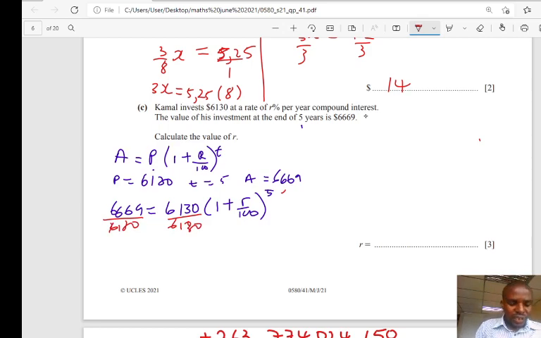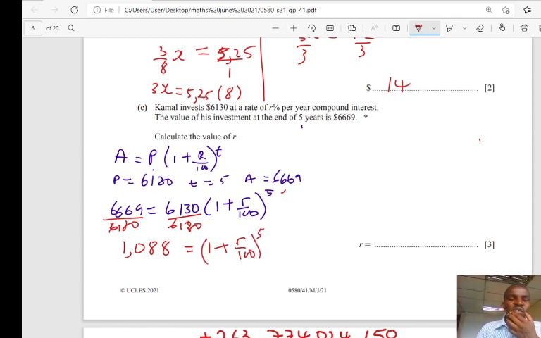You say 6669 divided by 6130. What do you get here? 1.088 equals 1 plus R over 100 to the power 5.